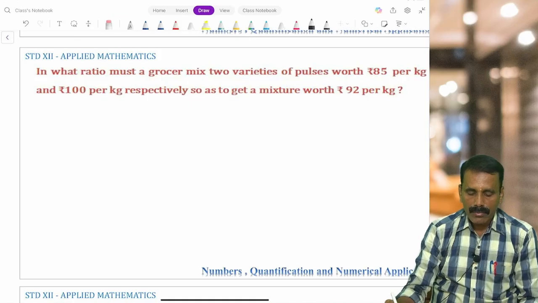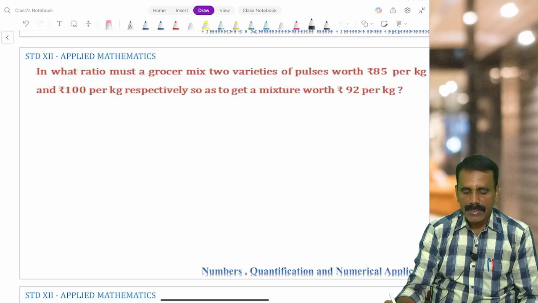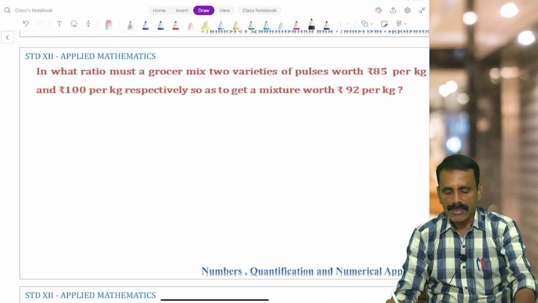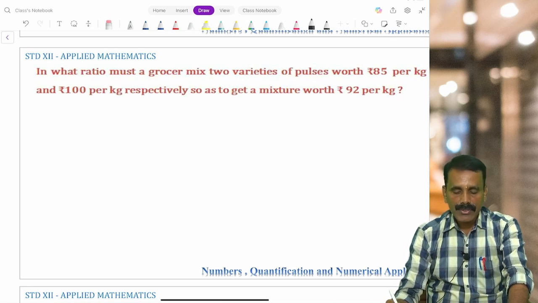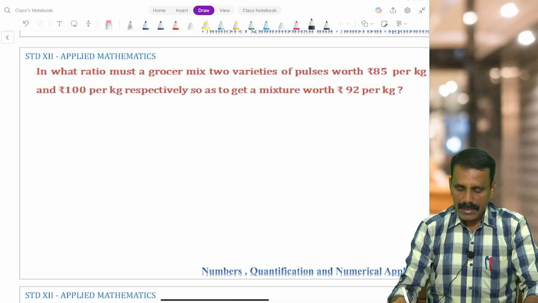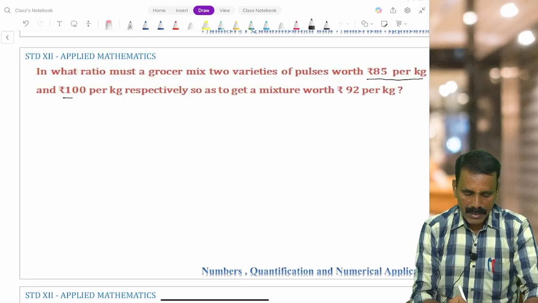In what ratio must a grocer mix two varieties of pulses worth rupees 85 per kg and rupees 100 per kg respectively, so as to get a mixture worth rupees 92 per kg? So we are going to find the ratio in which these two varieties are to be mixed. One is rupees 85 per kg, the other one is rupees 100 per kg.